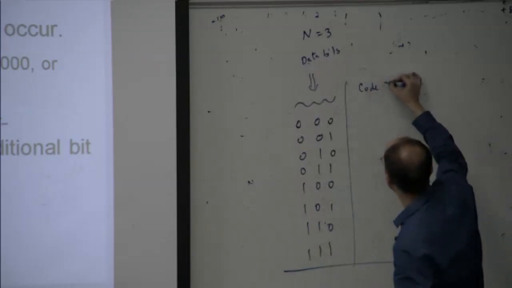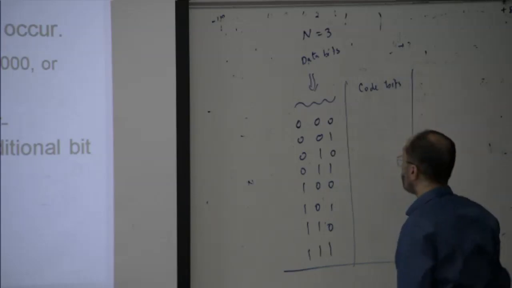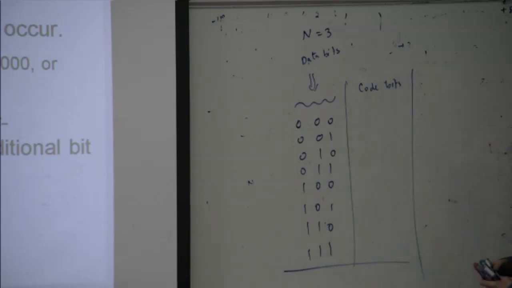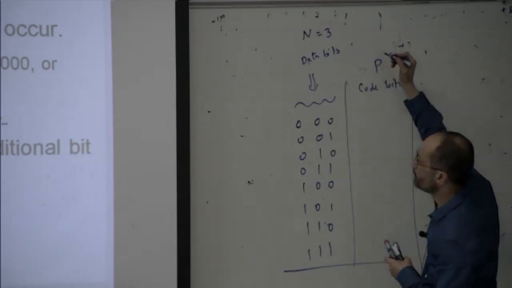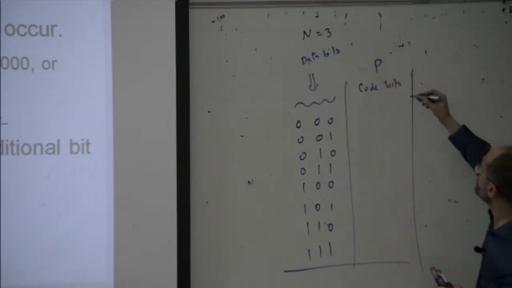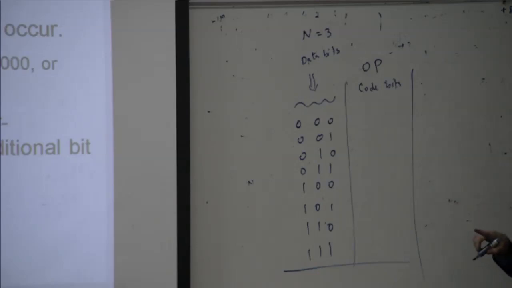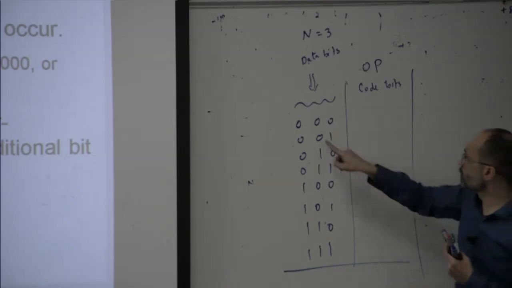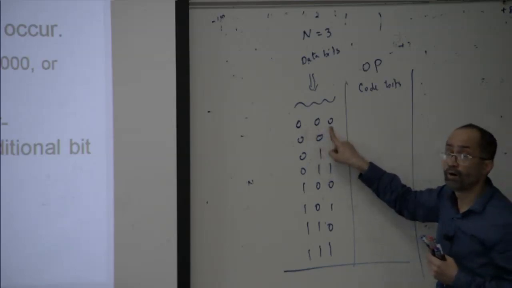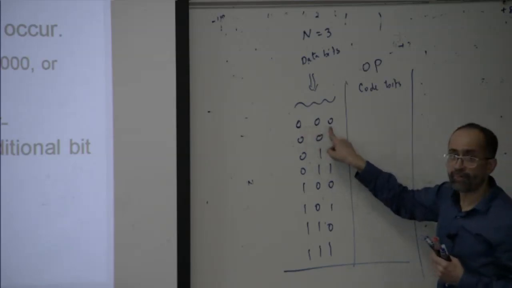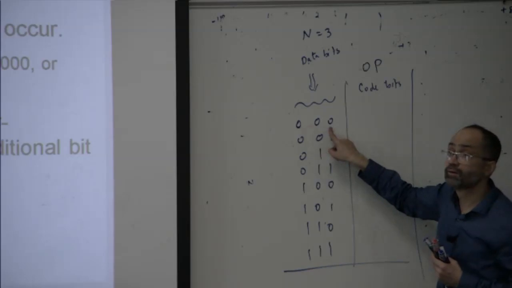Now we have other bits which are called the code bits. These code bits are a function of the data bits. And assume that we are using parity bits, and we say odd parity: the number of ones in the complete code is odd. Okay, so now 0 0 0, odd or even? How many ones? 0.